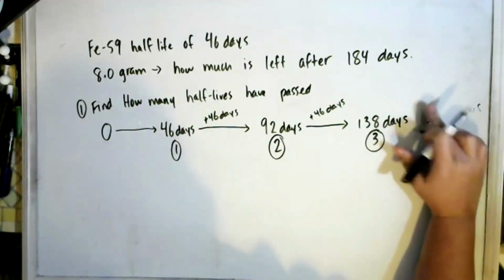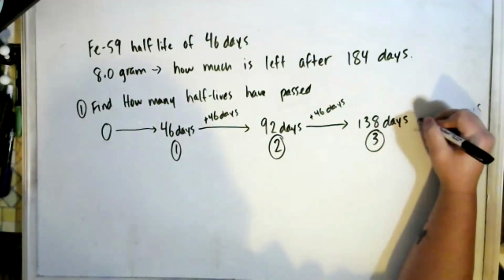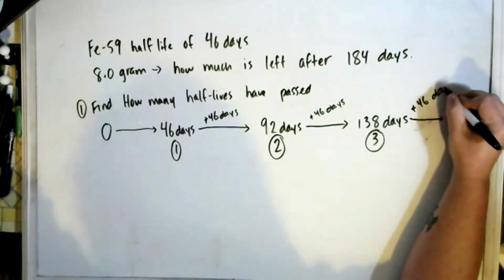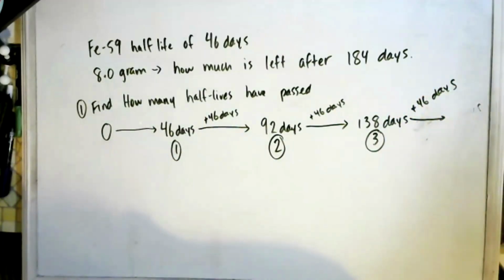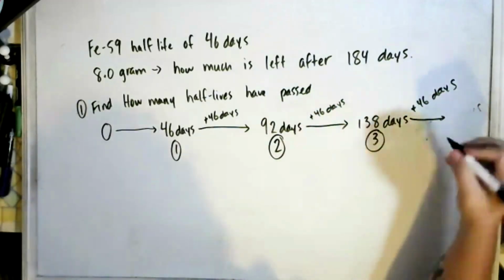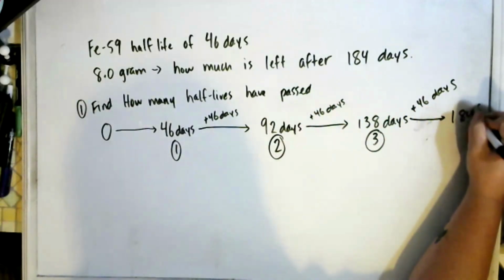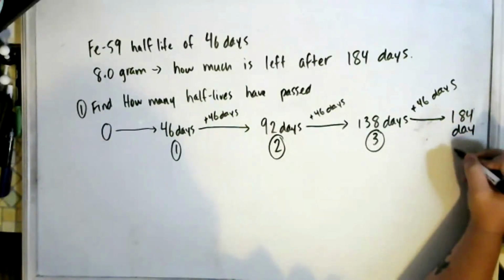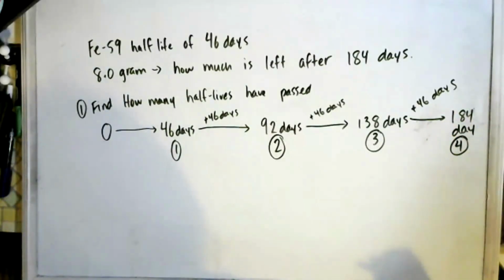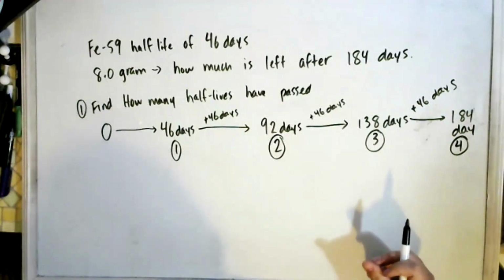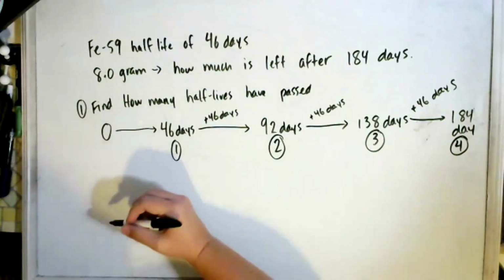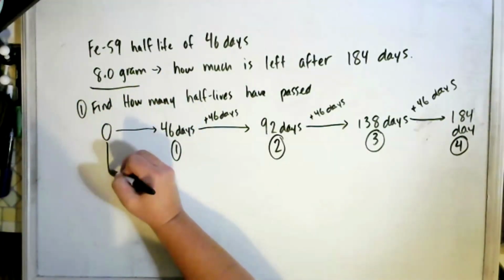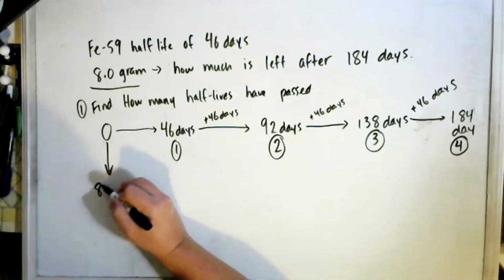And then we're going to wait 46 more days, and now we're at 184 days. So at the 184 day point, that's going to be our fourth half-life. Okay. And so now, again, we go back to our original starting amount. We started on day 0, we had 8 grams.